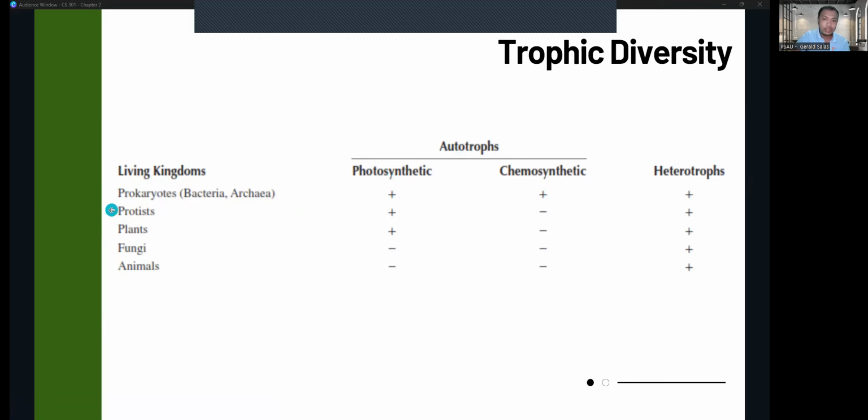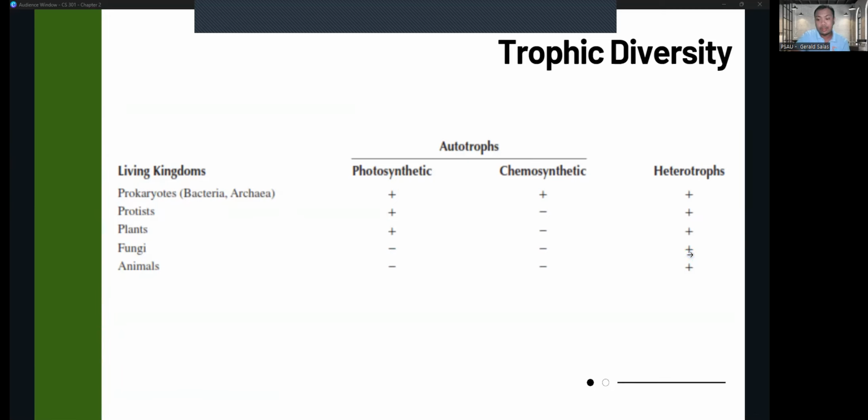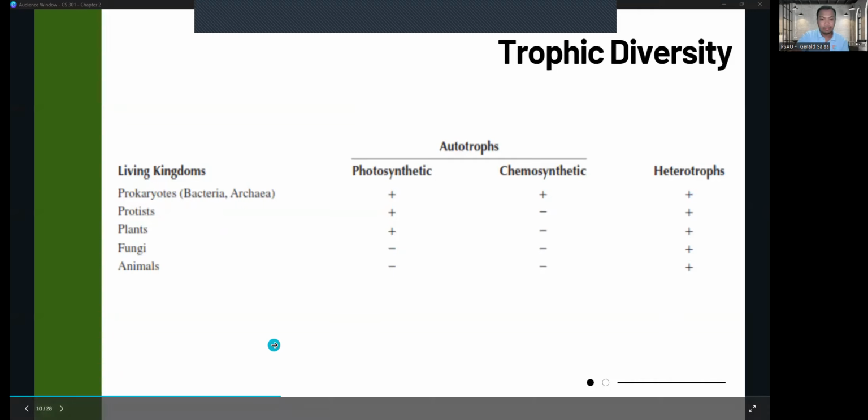For protists, most of them are chemosynthetic. For plants, they are photosynthetic and heterotrophic. Then fungi are heterotrophic, and animals are also heterotrophic. But as you can see in this table, most of the living kingdoms are actually heterotrophs, meaning they rely on organic molecules.